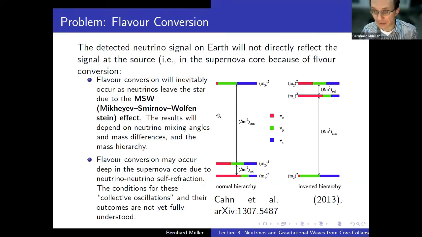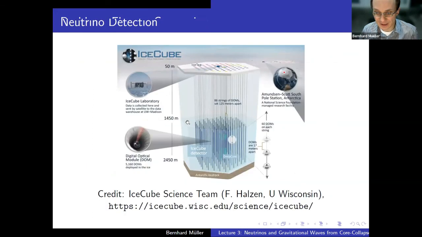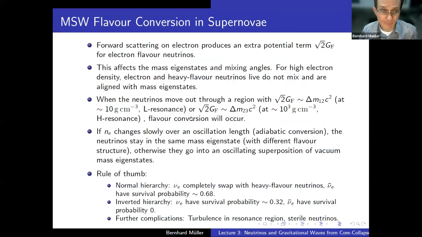What basically happens is that supernova neutrinos will be produced at very high densities, and at very high densities their mass eigenstates are changed because of the potential term from scattering of neutrinos off electrons and positrons.